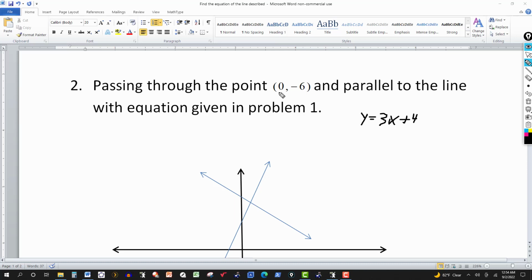We want a line that passes through (0, -6) and is parallel to this line. Well, if it's parallel to this line here, it has to have the same slope. So all I would have to do then is take the slope-intercept form and plug in the information that I have.